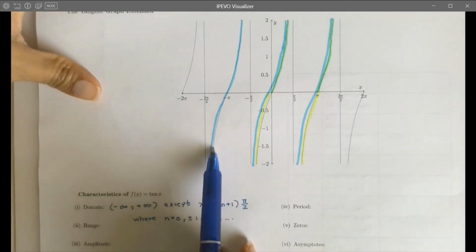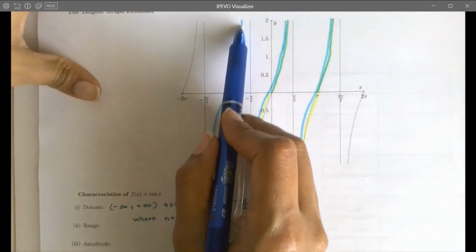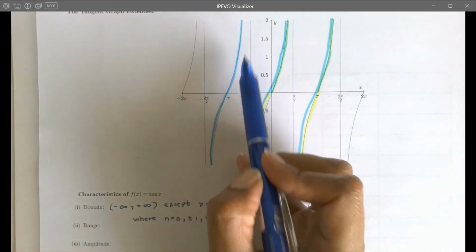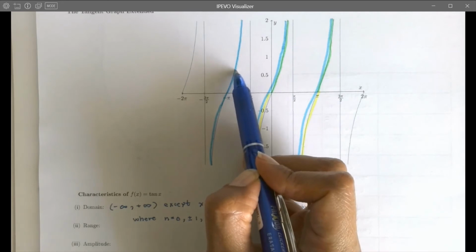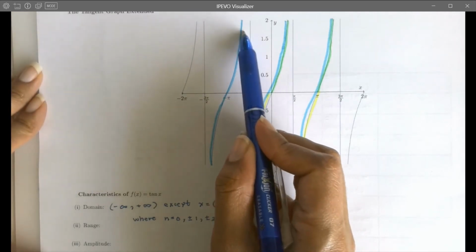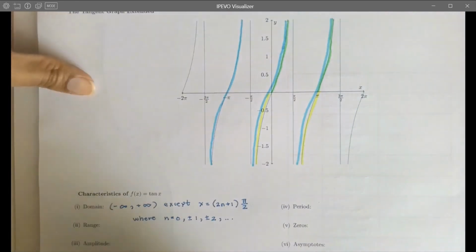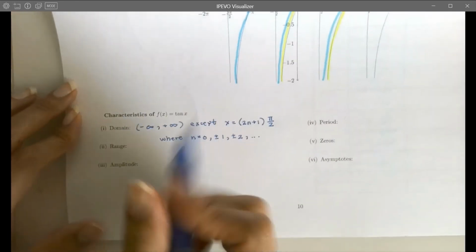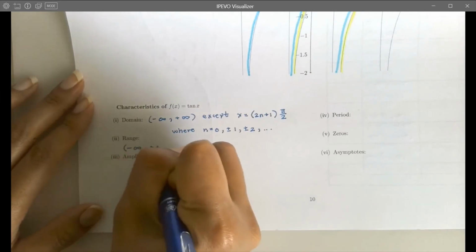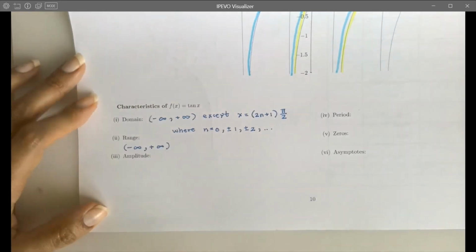Same thing if I go up in the positive direction, it doesn't matter how far up I go, I'm still going to be able to find an x value that corresponds to whatever positive y value I'm considering. So the range doesn't have any restriction. It goes from negative infinity to positive infinity.